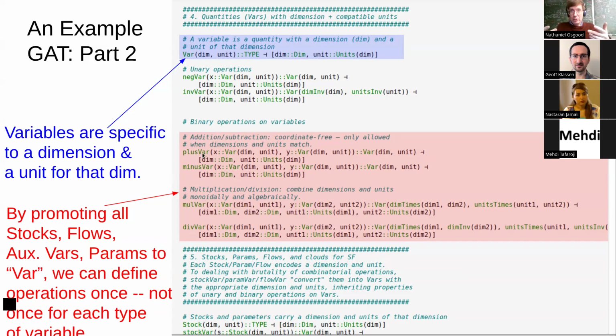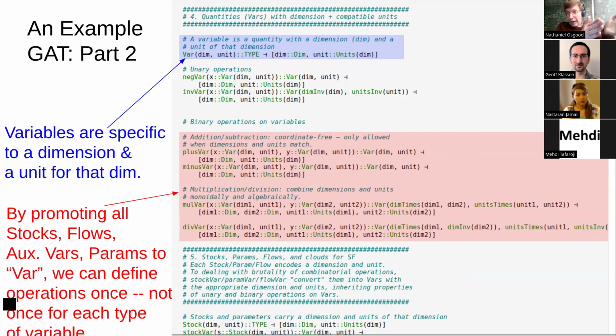Let's consider plus. Think about plus. Okay, look, if we have a dimension, and we have a unit of that dimension, then if we have x, which is a variable of that dimension and unit, and y, that's a variable of that same, mark my words, dimension and unit, we could take their plus and we'll get another variable for that dimension in that unit.